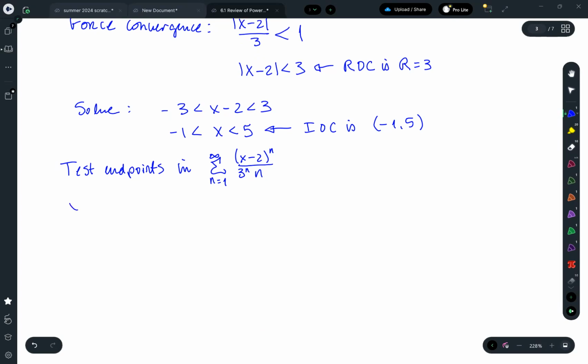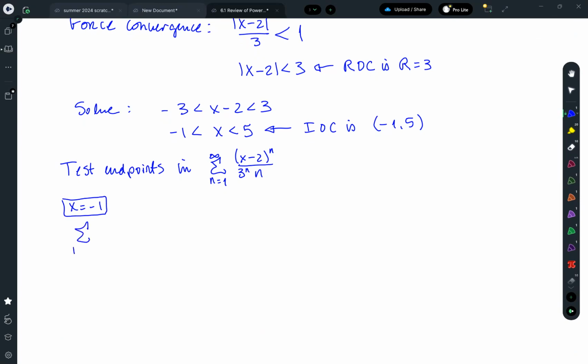Okay, so first I'll check x equals negative 1 by plugging it into the series. So I get the sum, n goes from 1 to infinity, of negative 1 minus 2 to the n over 3 to the n times n. This is going to be the sum, n goes from 1 to infinity. On top I get a negative 3 to the n. And negative 3 to the n is like a negative 1 times 3, all raised to the n power, all over 3 to the n times n.